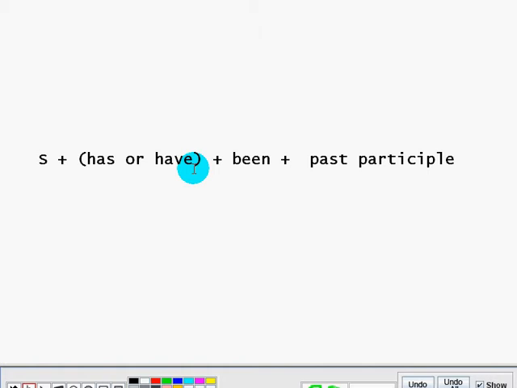Auxiliary verb, it should depend on how many is your subject. If you have singular subject, then you will use has. If you have more than one, then you will use have. Then, been, the word been, you shouldn't forget that, and past participle of your main verb. Okay?